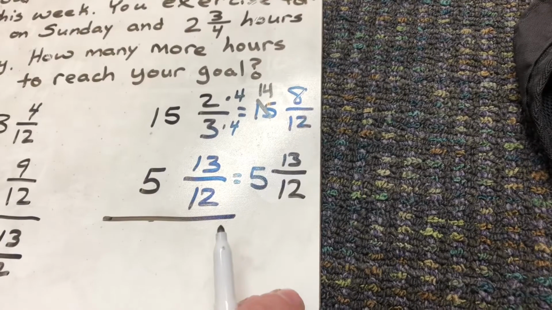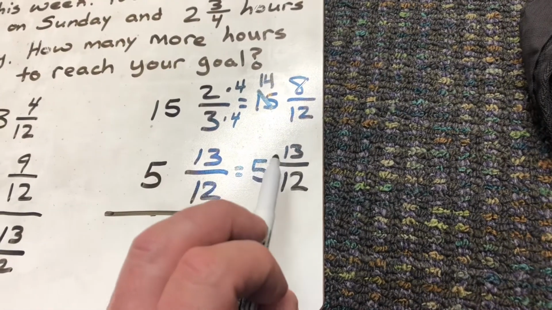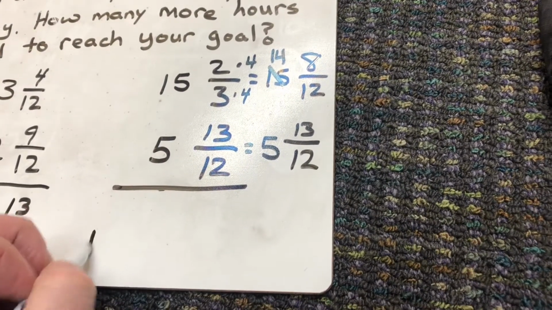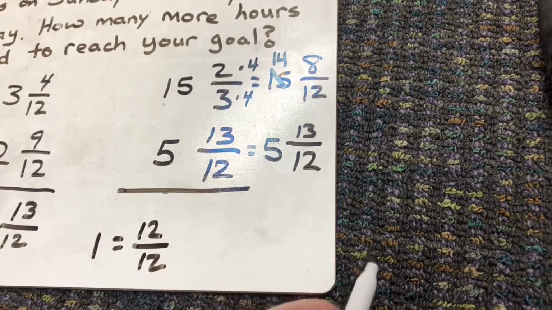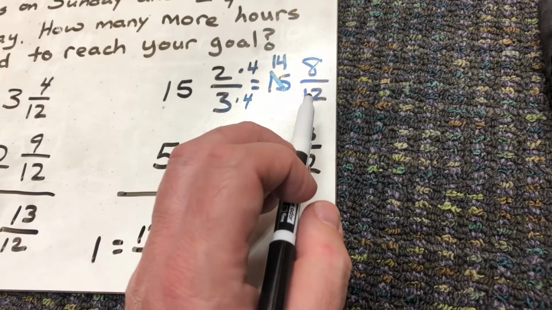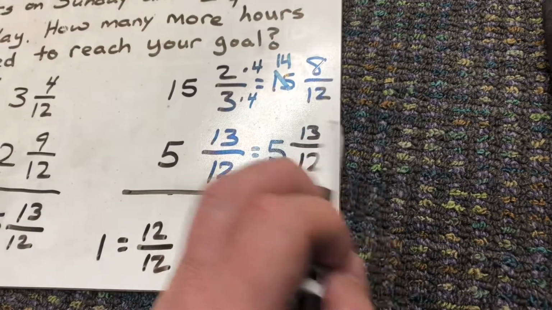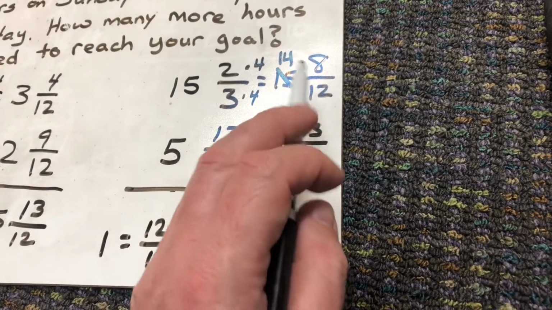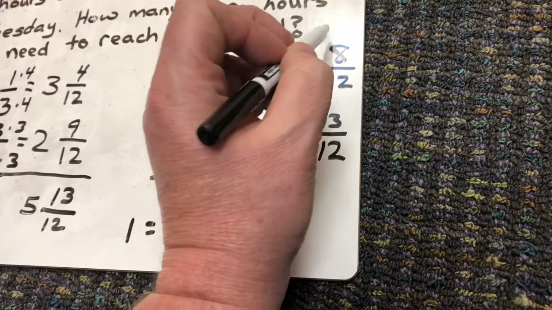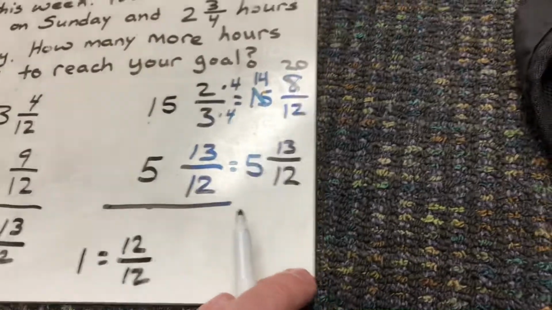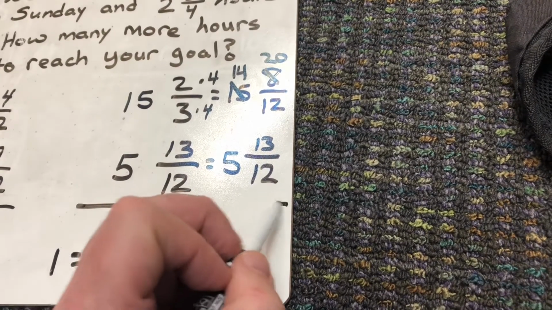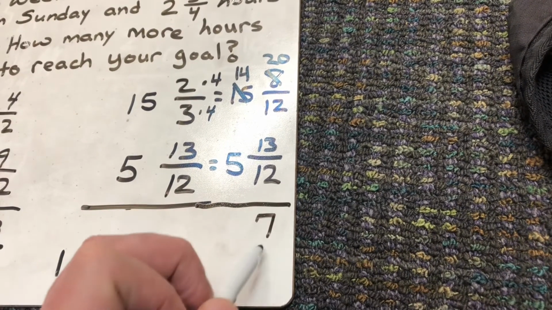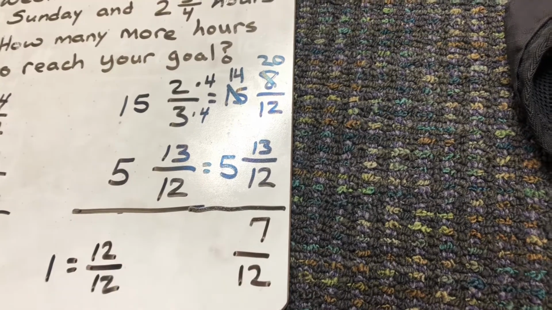Now remember what I do when I borrow: I borrow one whole part, so I borrowed 12/12, because that's my denominator. Basically I'm adding 12/12 to 8/12, which means essentially I'm adding 12 to 8, and 8 plus 12 is 20. Now I can subtract, because 20/12 minus 13/12 is 7/12.